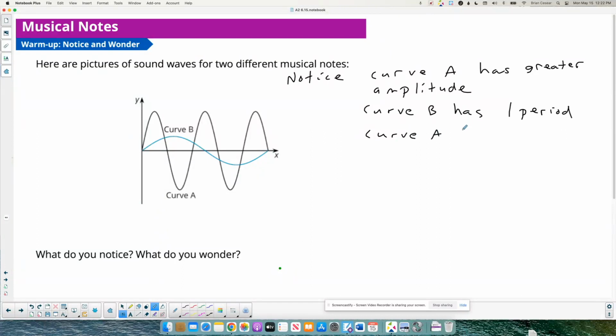Curve A has 2.5 periods. And if you need to see this, here's 1 period, there's 2 periods, and there's a half, versus curve B does 1 full period. All right. What else do I notice? I noticed that they both look like sine curves.